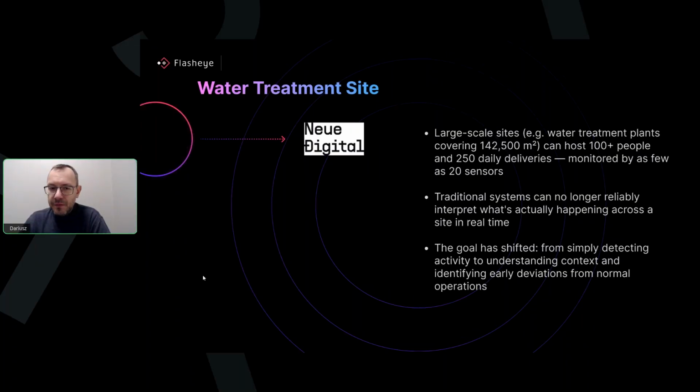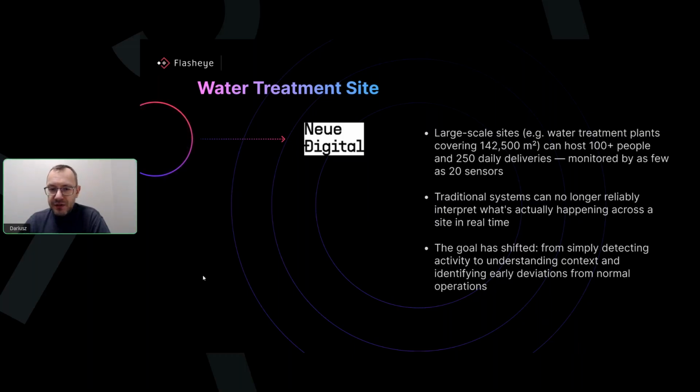As an example, we have a water treatment facility which is hosting over 100 people a day. It is receiving over 250 daily deliveries, and all of that is happening with the help of only 20 sensors which are monitoring the space.